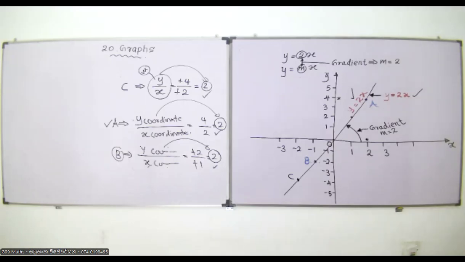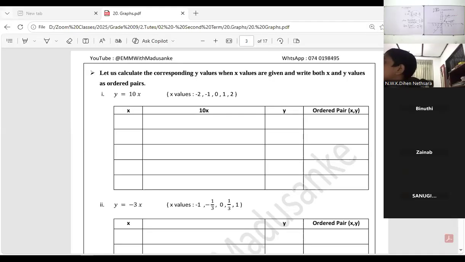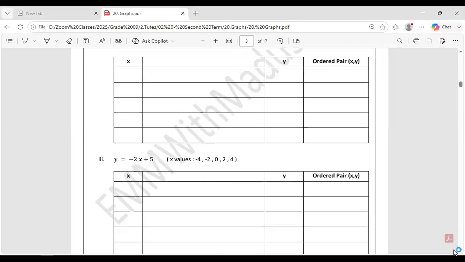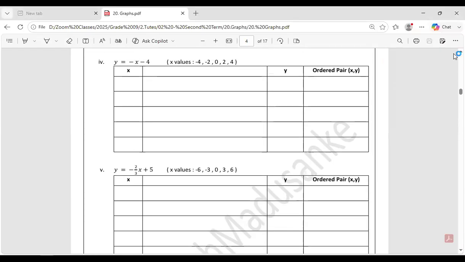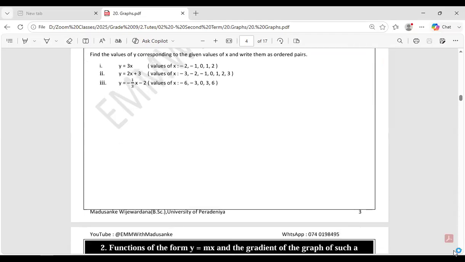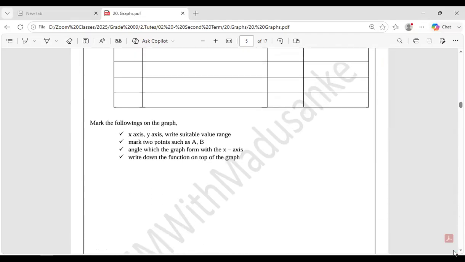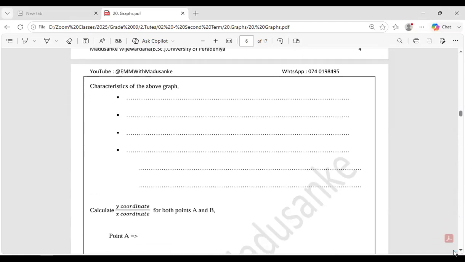I'm going to share the screen and I will show you. So we have done these things and we are here. We have done this one. Yes, characteristics of the above graph. Please write these things with me. I have explained all these, right?